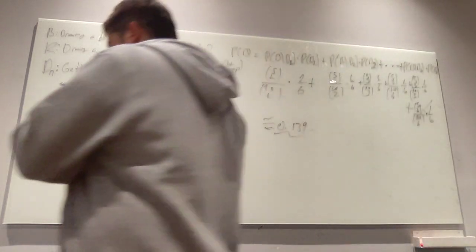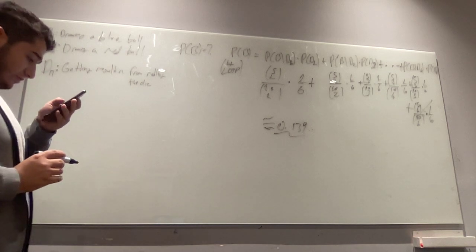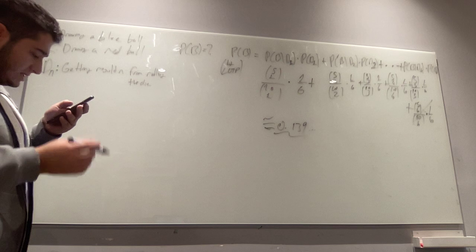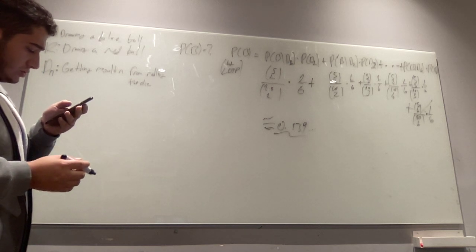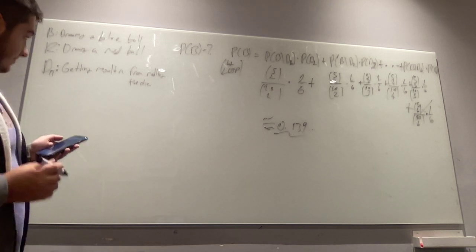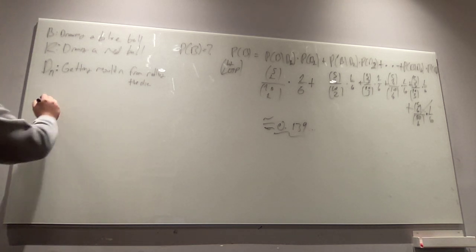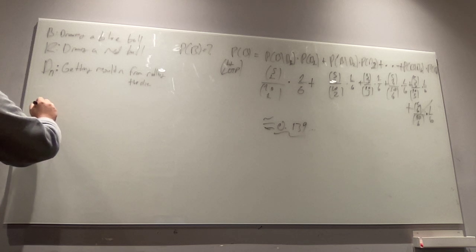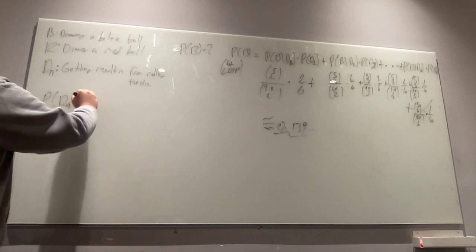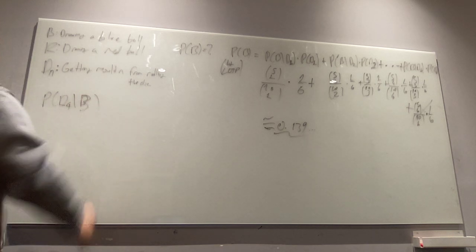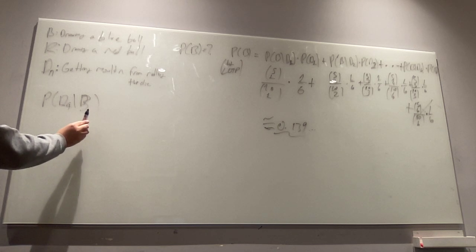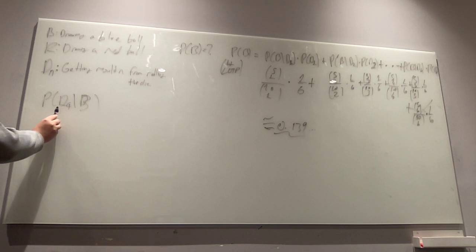Other part: what's the probability that the number of points shown by the die equals 4, given that all of the balls thrown are blue? Okay, write the question in math. It says probability of D4 given B. Given that all of the balls thrown are blue, what's the probability that the die is 4?